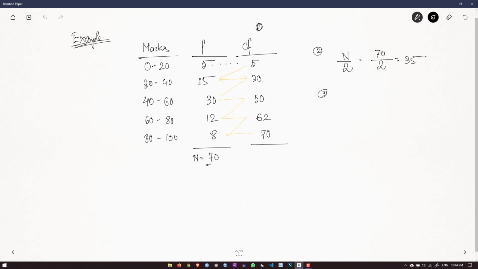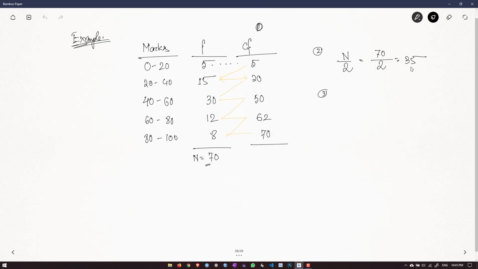So our first objective is to find out a probable class interval within which we assume that the median will fall, right? So that probable or suspected class where the median is supposed to be falling is called the median class, right? To find out, we take help of n by 2.